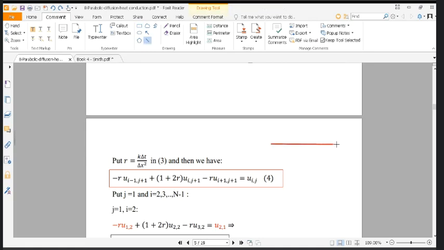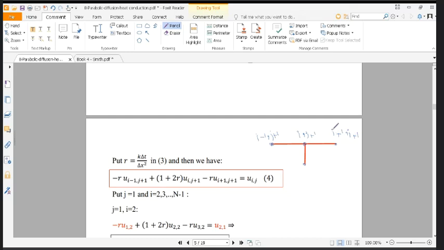The weight means the weight of each point. The points at the new time level are i minus 1 and j plus 1, i and j plus 1, and i plus 1 and j plus 1.